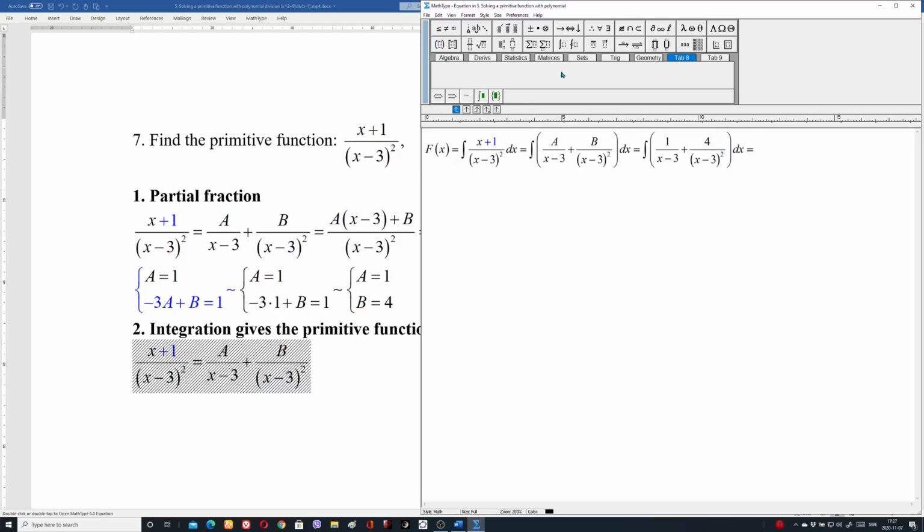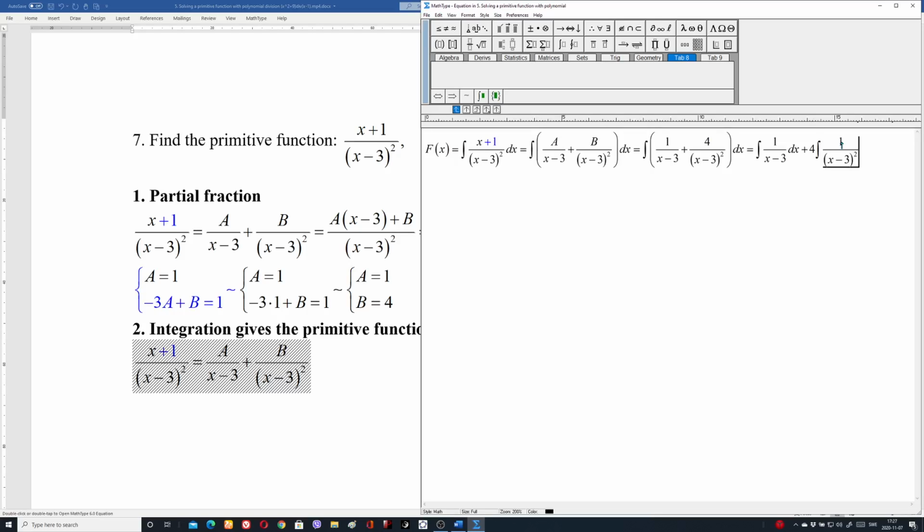Okay, so let me put this one first. dx, and after that we have a plus. This 4 will come in front of the integral, and here will be just 1.